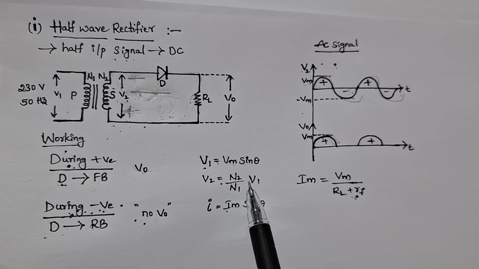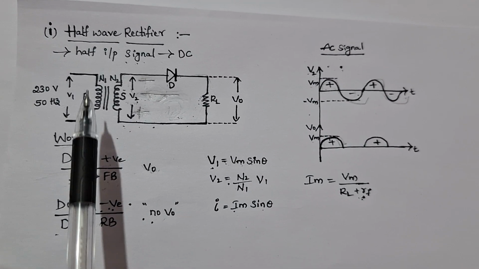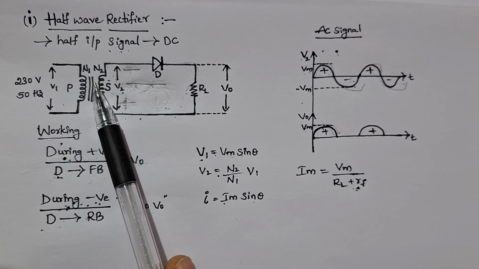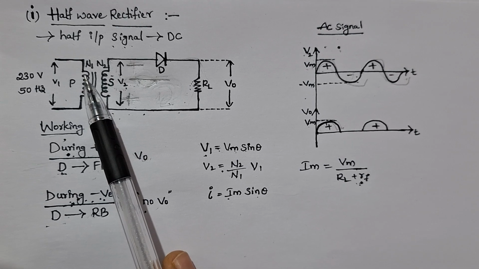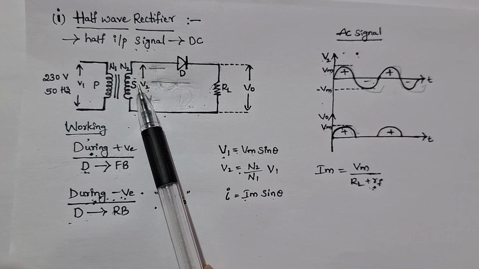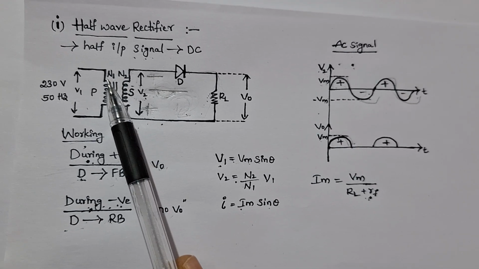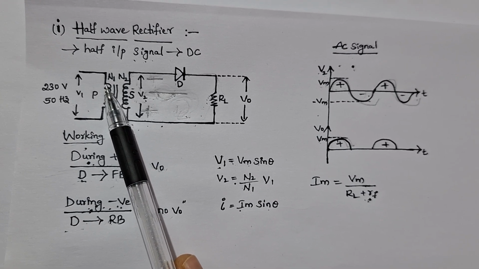Now N2 is the number of turns in the secondary of the transformer. N1 is the number of turns in the primary of the transformer.